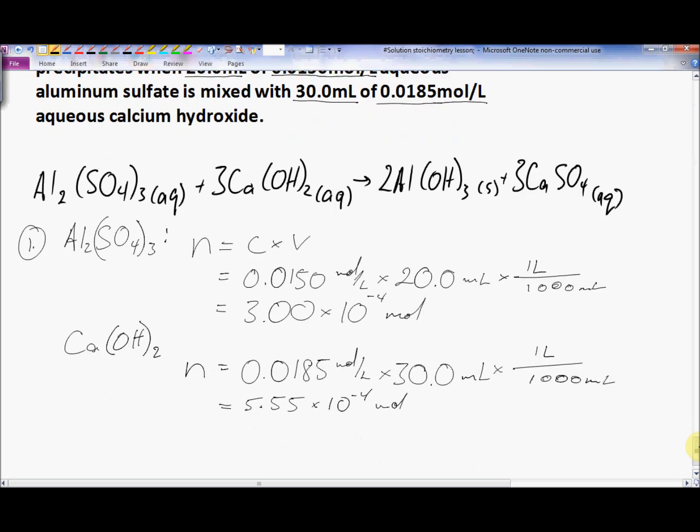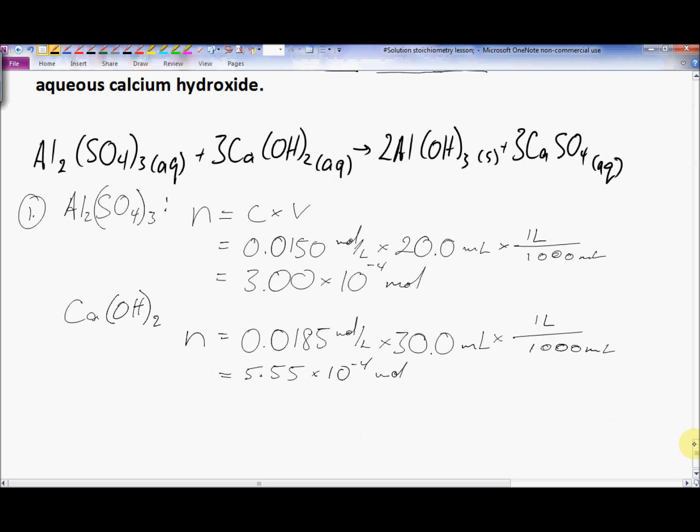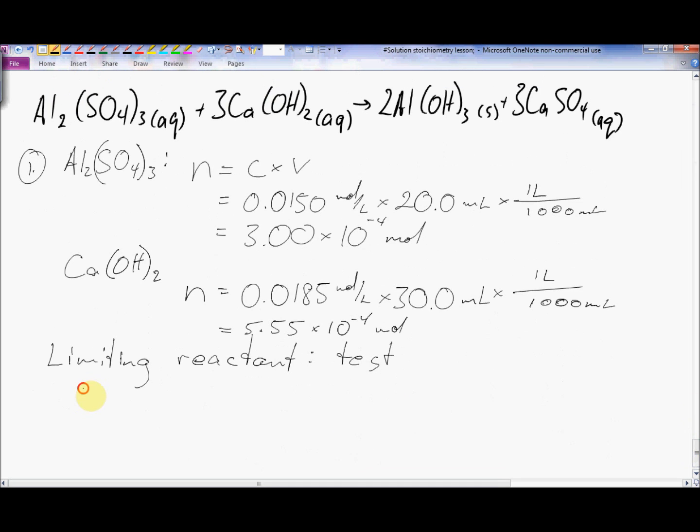Okay, we're not done trying to figure out which one of these reactants is the limiting reactant. We need to do some tests to figure that out. And the tests we do, if you recall, the easiest way of doing this, so let's have aluminum sulfate over here, and on this side we'll do the calcium hydroxide.